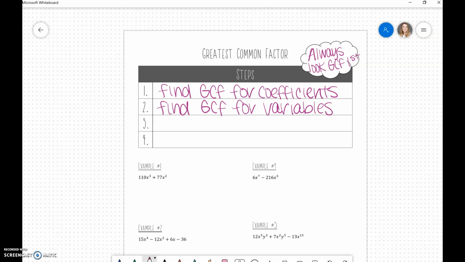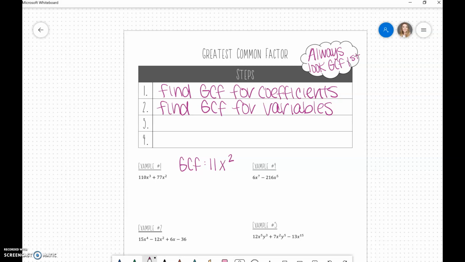After that, once you've identified what your greatest common factor is, looking at example 1, for instance, our greatest common factor would end up being 11, because you look at 1, 10, and 77, and 11 is the largest number that goes into both evenly. X squared and x cubed, x squared goes into both evenly.